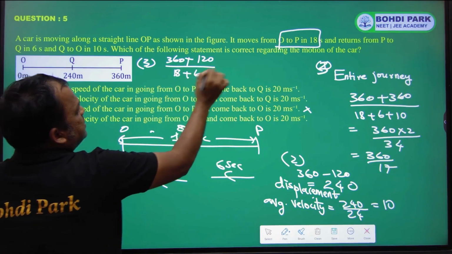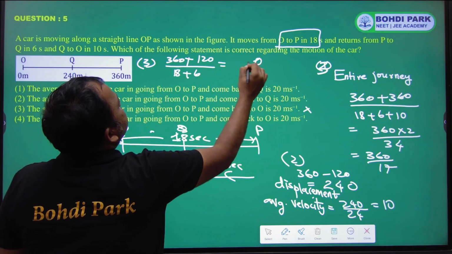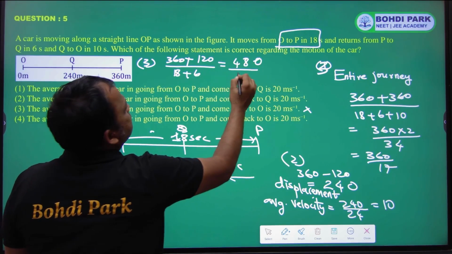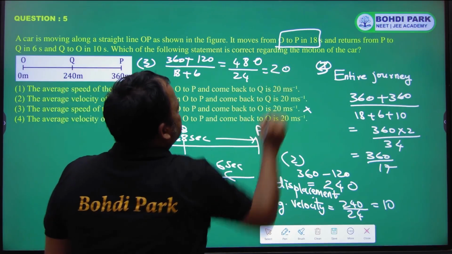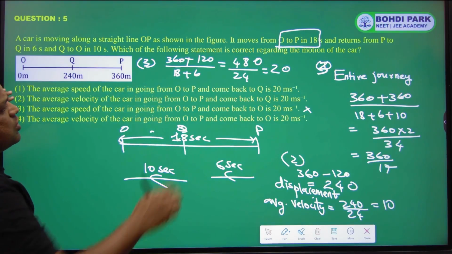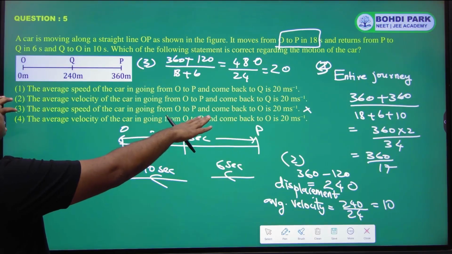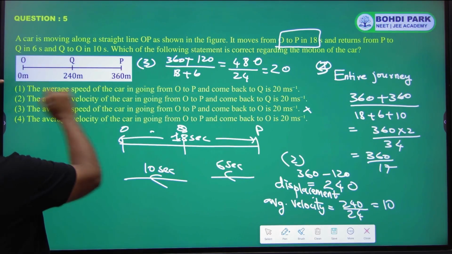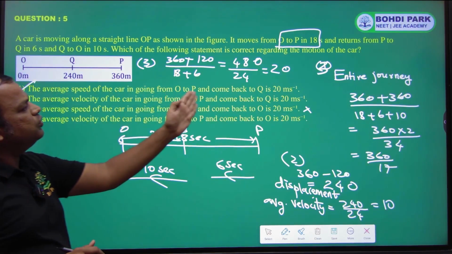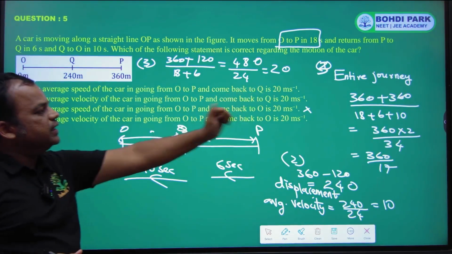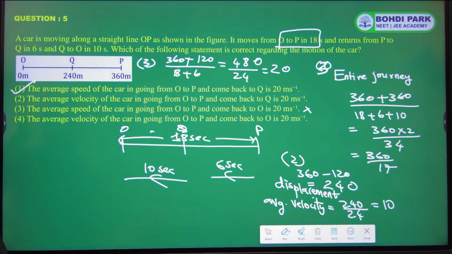Now this is 20, correct. So the third option is wrong and the first option is correct. O to P and come back to Q, that is correct. So that is our answer.